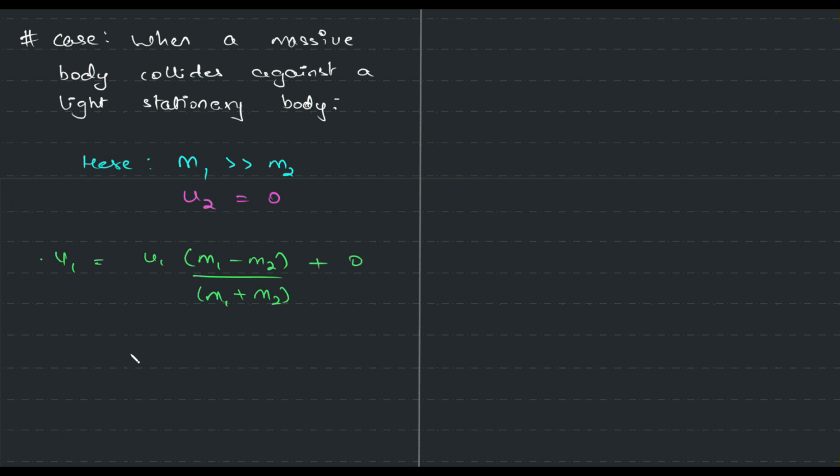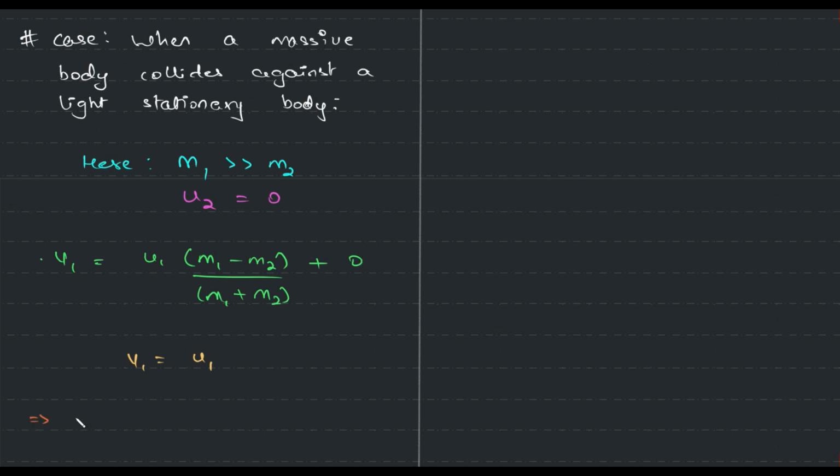So this is 0 basically. And similar to what we did before, this will be m1, this also will be m1, approximation. So v1 is equal to u1. So basically the massive object's velocity will not change, right?